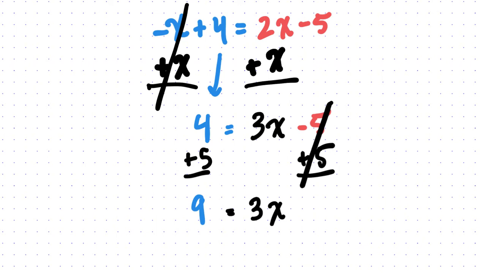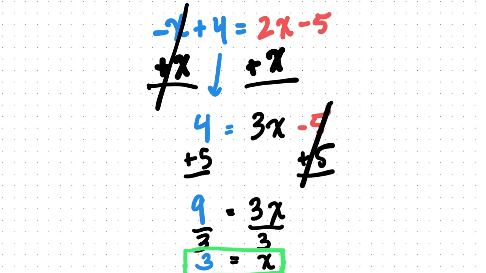And last but not least, because I have 3 x's equal to 9, I'm going to go ahead and divide that by 3 on both sides. And that's going to give us the answer x is equal to positive 3. Now we're not quite done yet because we have half of our solution.